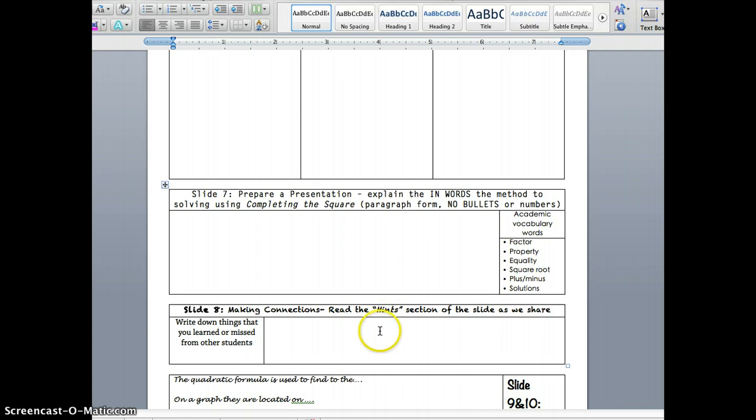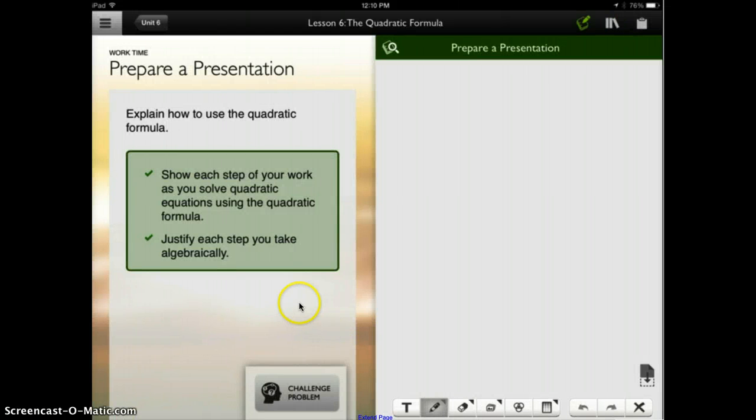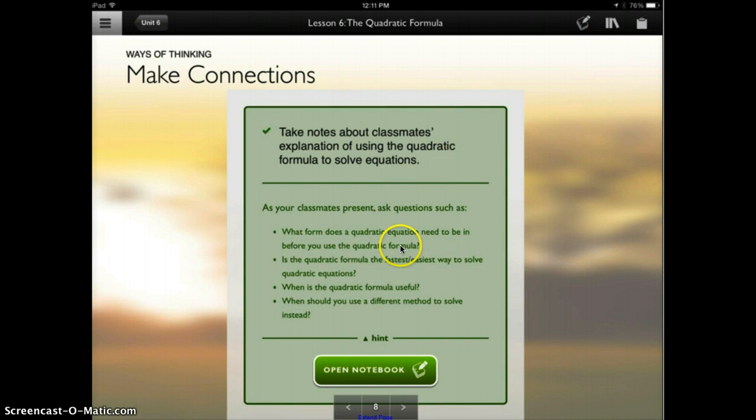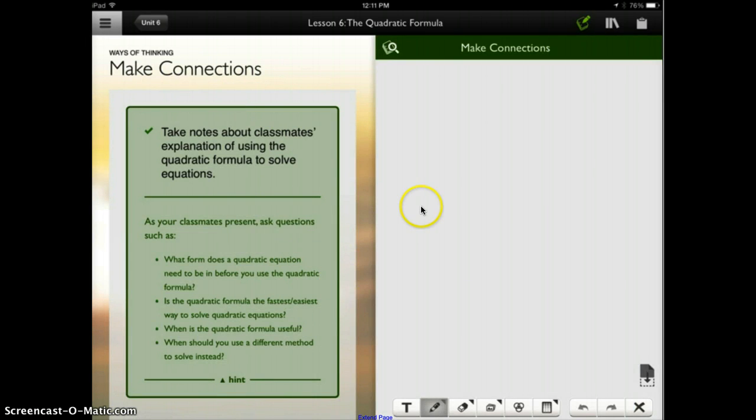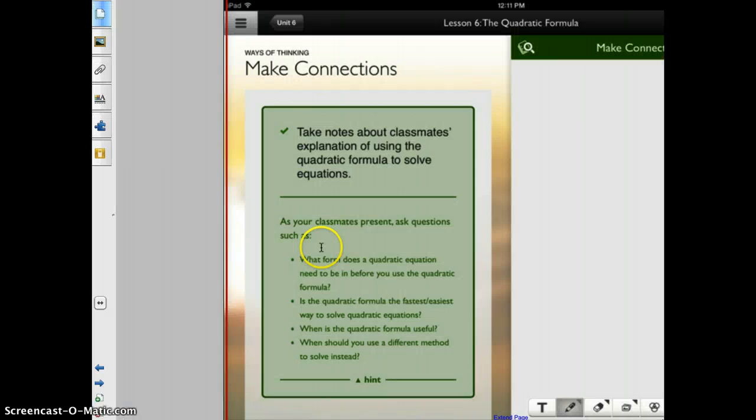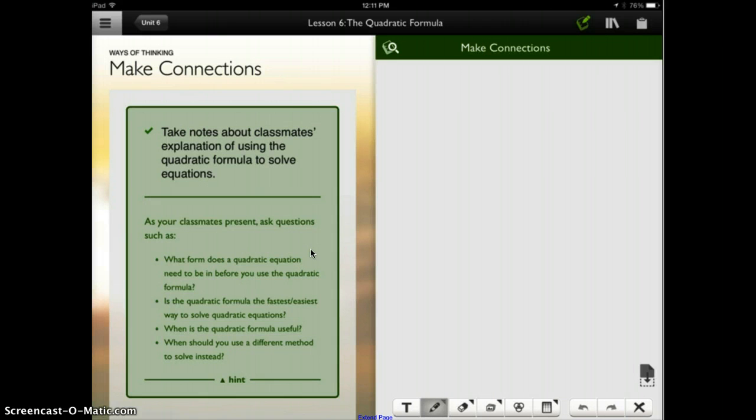Slide 8, make connections. Again, we're going to read together or maybe talk to a neighbor and fill out slide 8. What else did you learn? So-and-so might have said something you didn't hear or you thought was interesting or new, that you're going to write in slide 8.